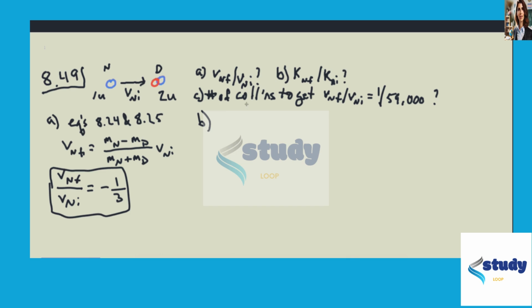Now, what is the kinetic energy of the neutron after that? So the initial kinetic energy is 1/2 m v initial squared, and the final is 1/2 mn times Vn final squared.